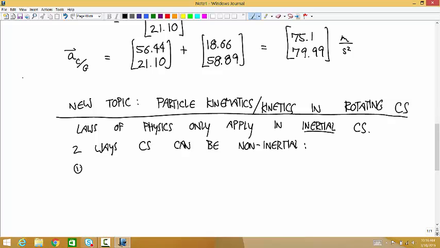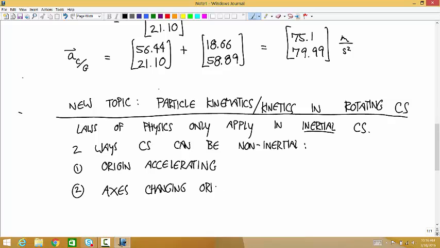The first one is that the origin is accelerating. And the second one is that the axes are changing orientations. So, in other words, the coordinate system is rotating.